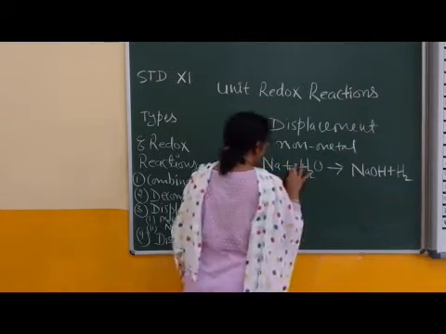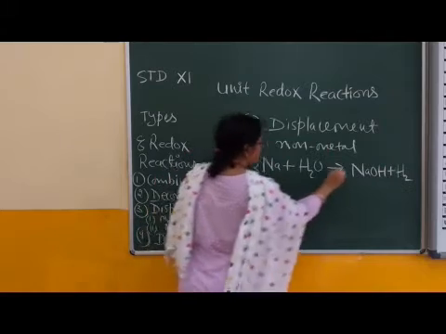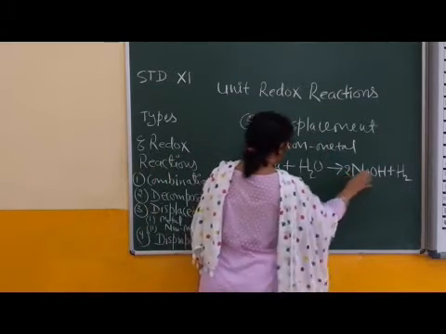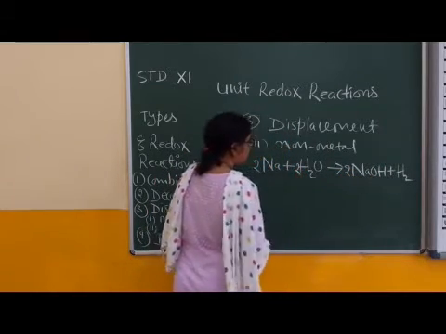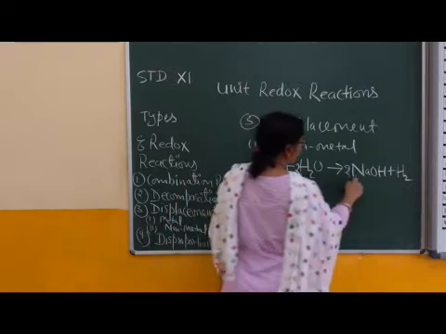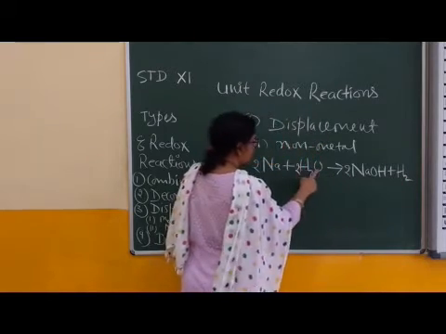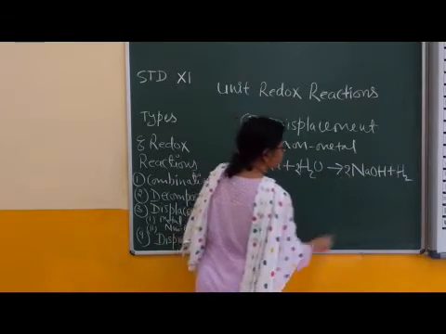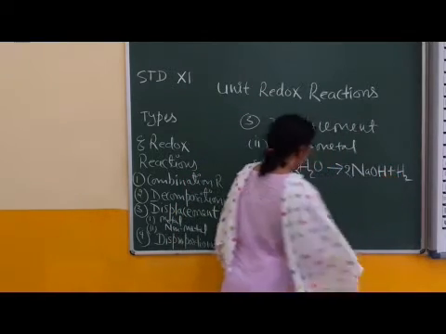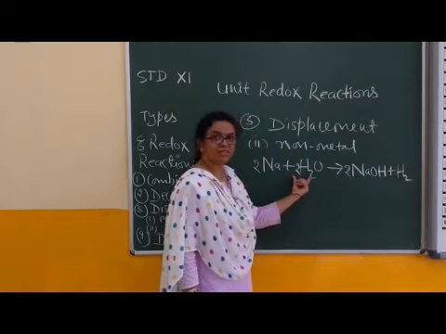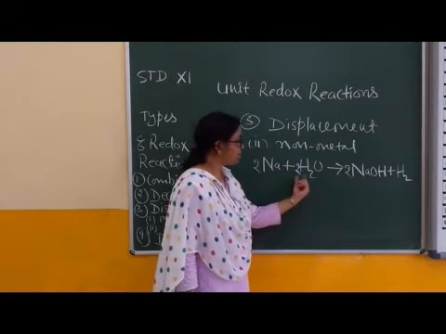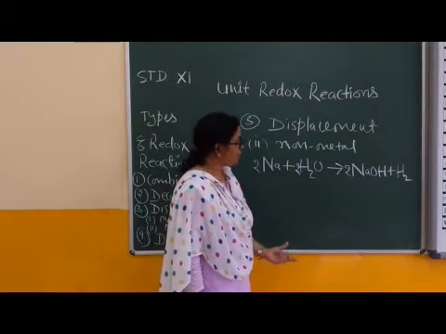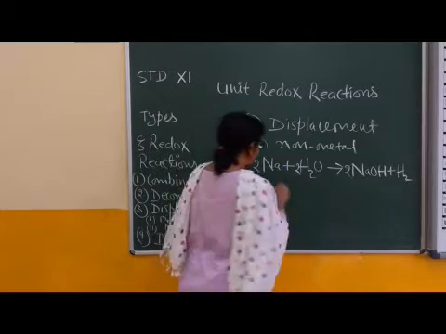Now write the balanced form, twice. 4 hydrogen, 4 hydrogen, total 4 hydrogen, 2 plus 2, 4. Oxygen, 2, balanced. 2 sodium, balanced. Here is displacement of hydrogen, which is a non-metal, by a metal. Now the net reaction is a redox reaction.